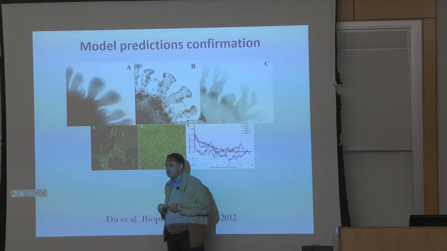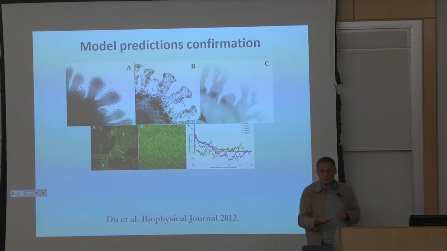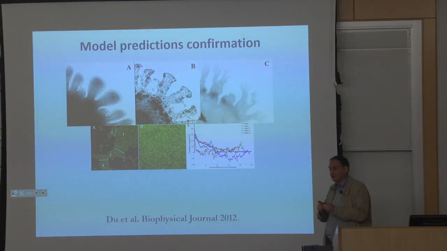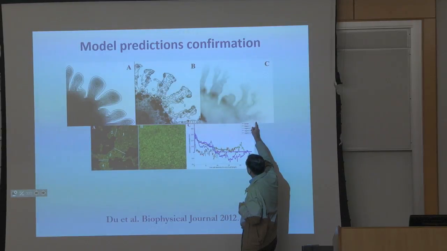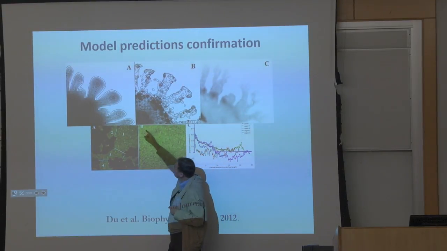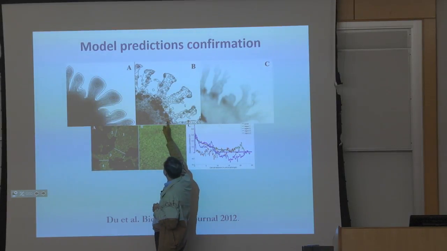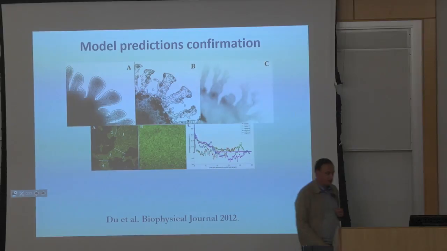And we actually got very close to confirming what the prediction was. The level of alignment predicted in simulations was confirmed in experiment. So this is a snapshot of an experimental movie. These are levels of water, and I think this is water. This is the concentration of Pseudomonas, the density of bacteria.